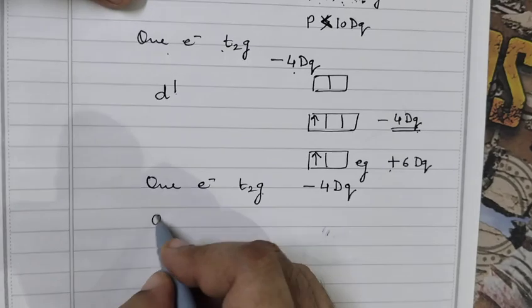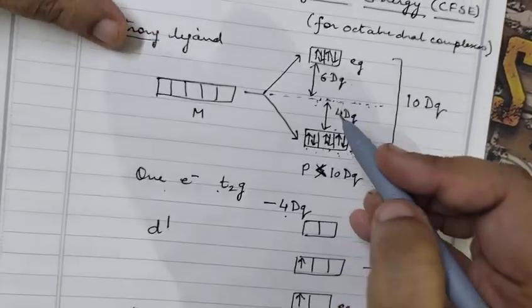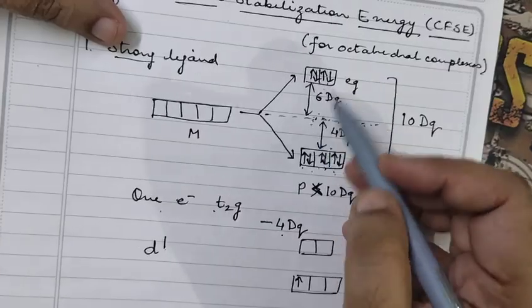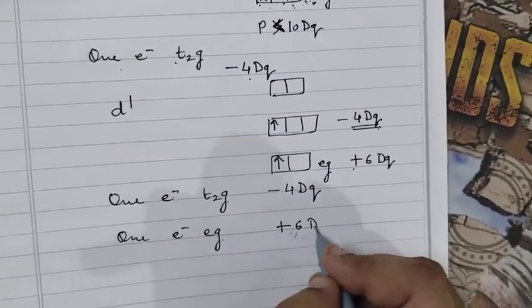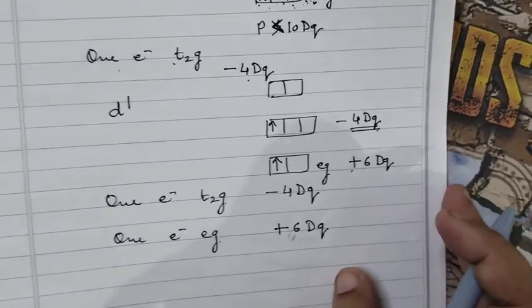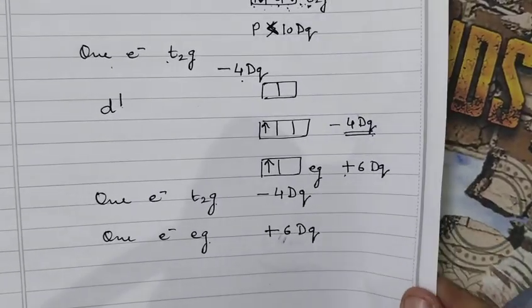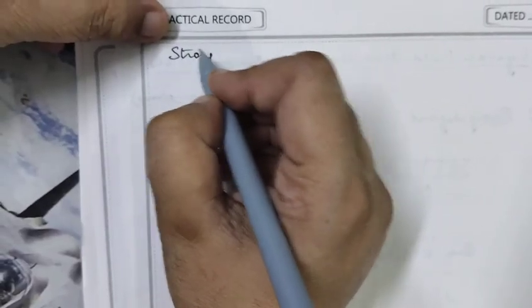And if one electron is in EG, then it is 6 dq above this level, so you will calculate the energy by taking plus 6 dq. So keeping this in mind, we will fill up the electrons in the case of a strong ligand, and we will calculate the crystal field stabilization energy. So let us see the strong ligand first.